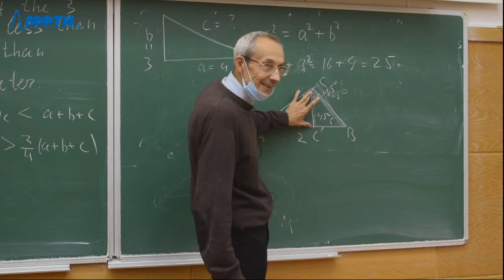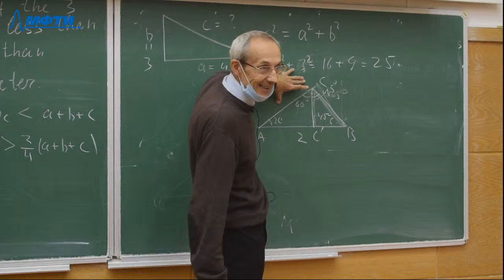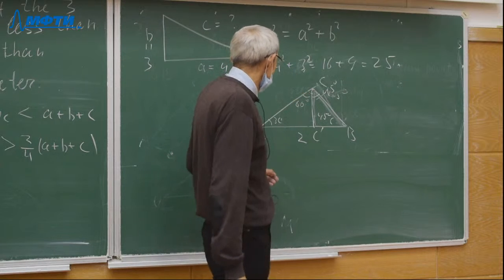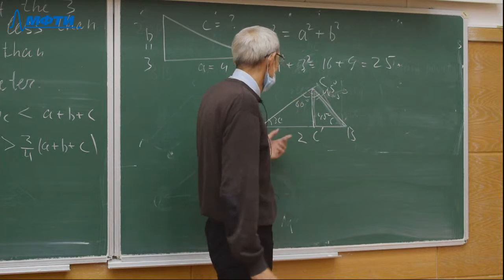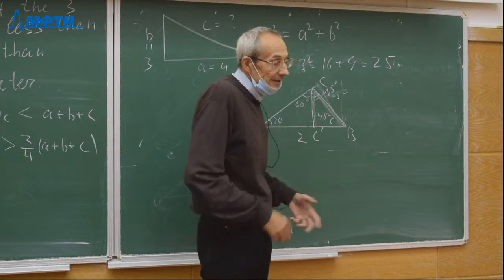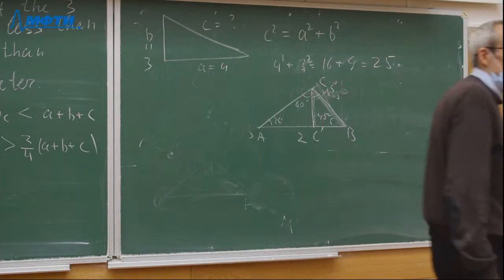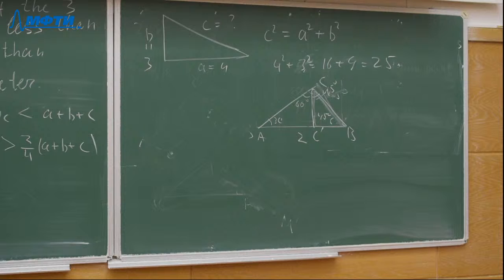These sides are half of these sides. And these sides are the sum of this and this. And we can try to express these sides one through another. And we obtain some equalities, and to solve them we obtain the answer of this problem.